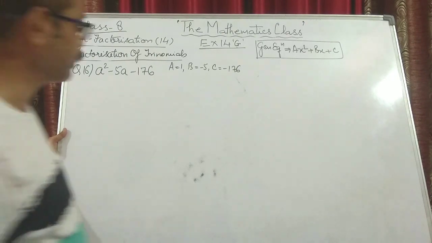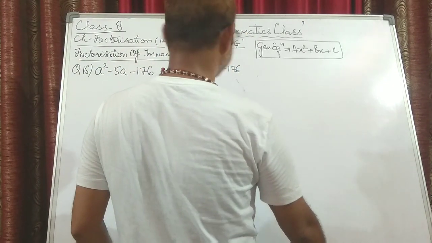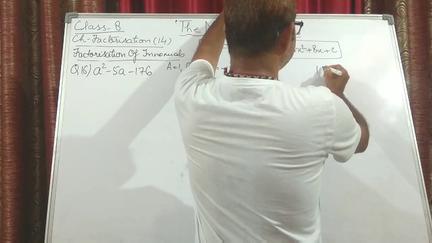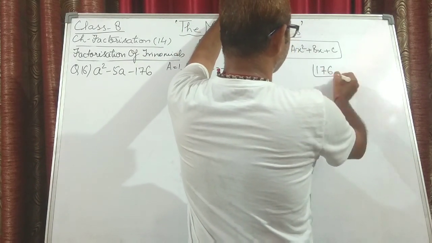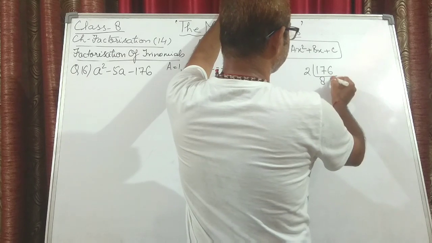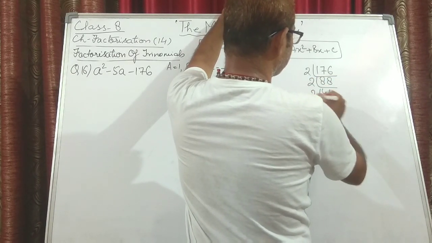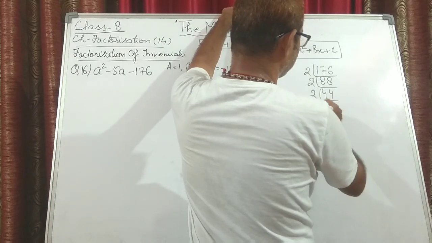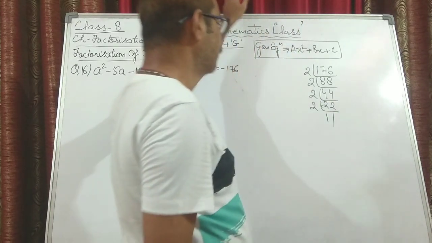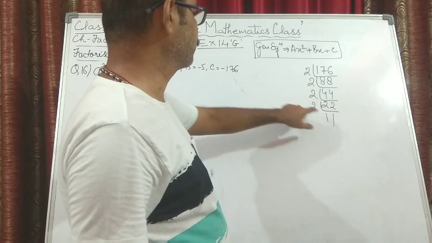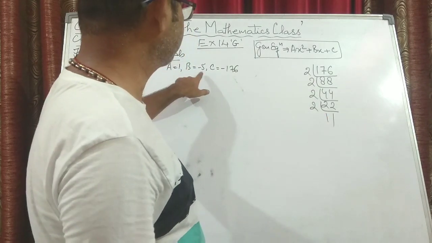So we will factorize 176 first and check what are the factors. 176. Now 2 8s are 16, 2 4s are 8, 2 2s are 4, 2 1s are 2. Means 2 into 2 into 2 into 2 into 11. And we need what? 5.